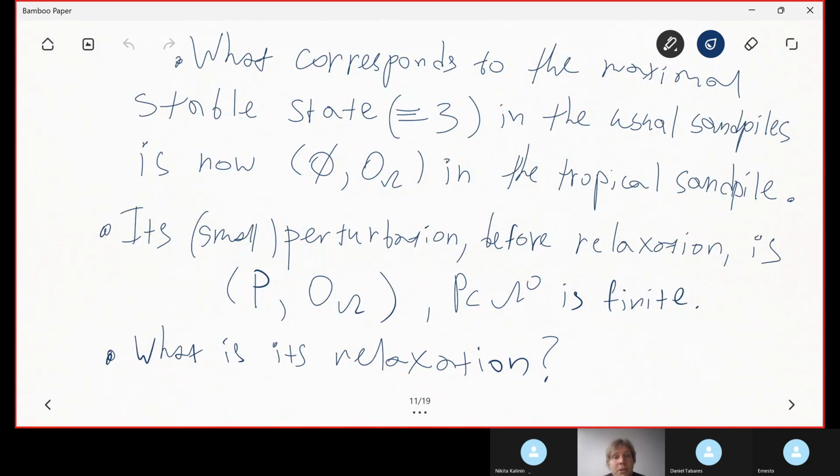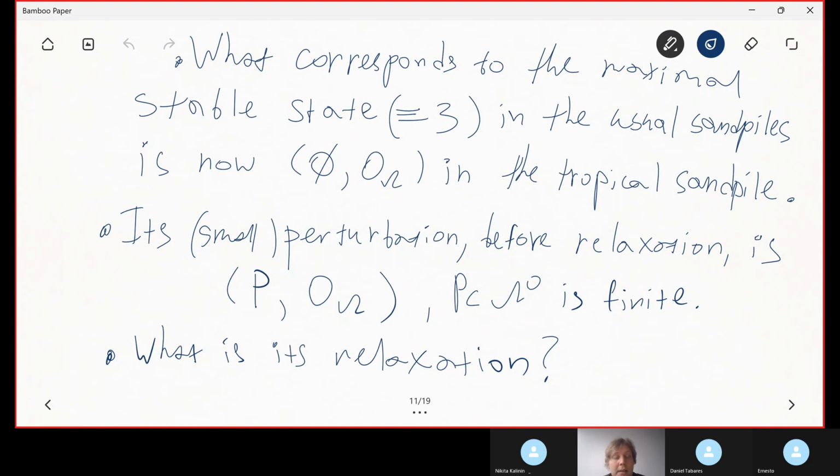Now more of this analogy. What corresponds to the maximal stable state in the usual sandpile model, so all threes, is now interpreted as the empty set of points and the zero tropical series. And what we would like to understand from the sandpile perspective is perturbation of this maximal stable state at some number of points.